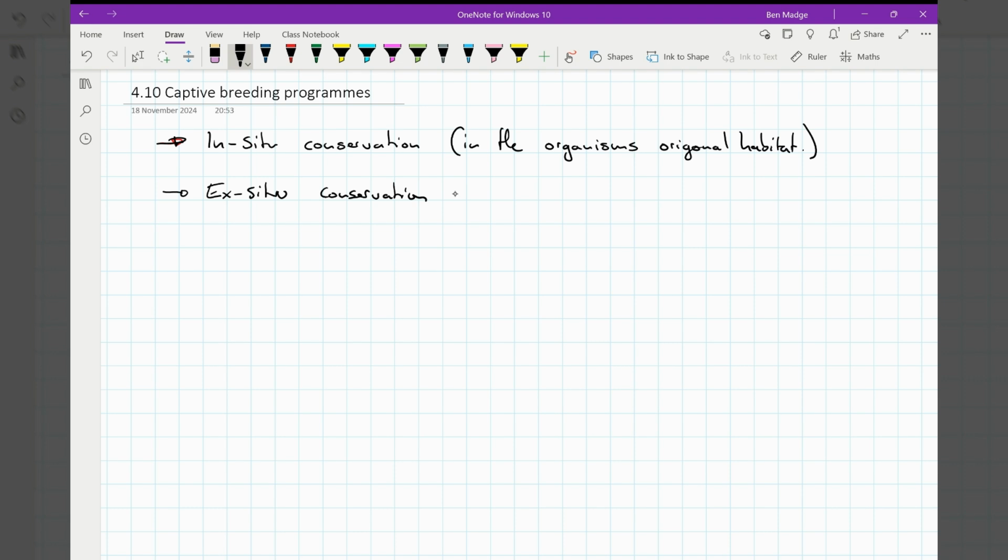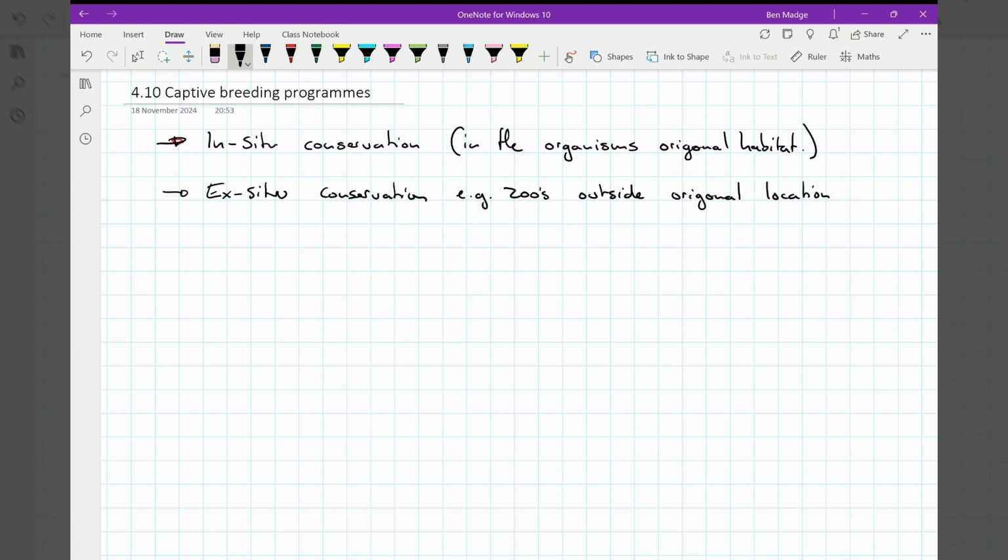So ex situ conservation is things like zoos, and it's outside the original location. So flamingos in a zoo somewhere in the UK, for example.